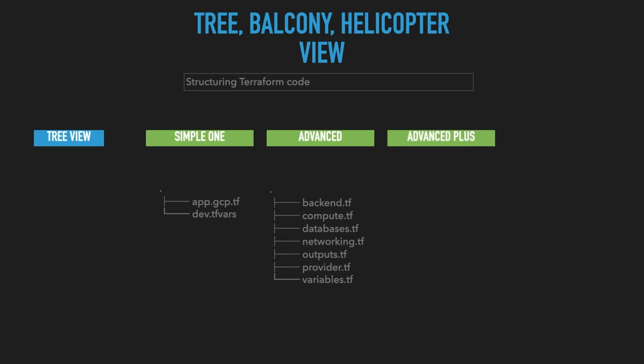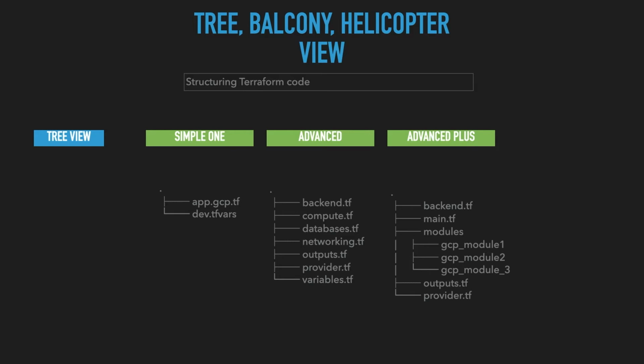Could it be more advanced? Yeah, I call this advanced plus, when we have modules and we're using the modules. I won't explain what Terraform modules are, but it's a really nice way to keep the DRY principle: you don't repeat yourself. You actually come up with some pattern. Okay, here we speak about the pattern.